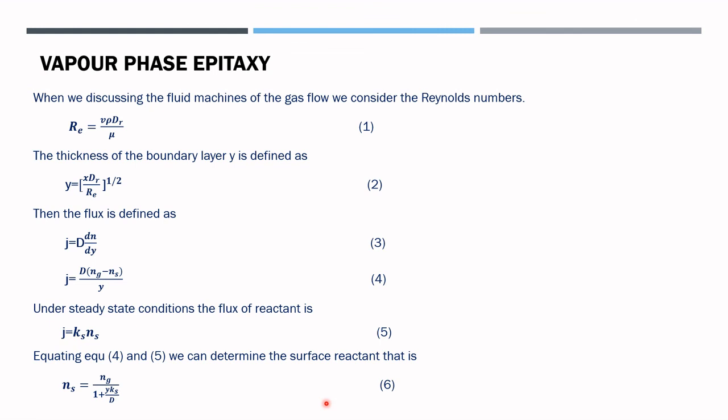So these are the basic transport processes of vapor phase epitaxy, and from this we can calculate the surface reactant concentration Ns.